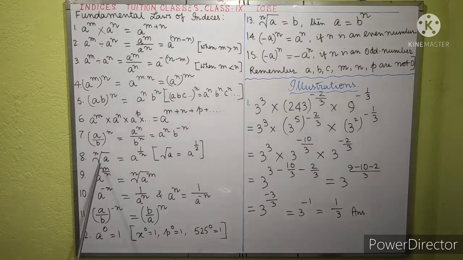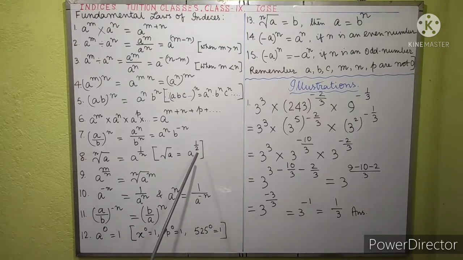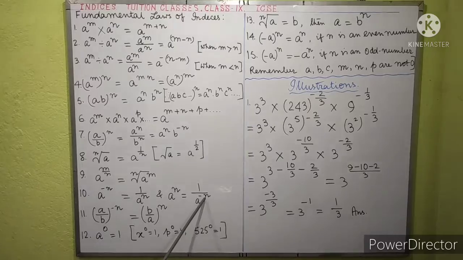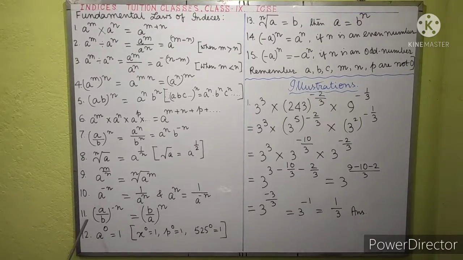It is called nth root, because root over a equal to a to the power half. a to the power m by n equal to nth root of a to the power m, and a to the power minus n equal to 1 by a to the power n. Also a to the power n equal to 1 by a to the power minus n. This or that, whatever we need, we will use it.